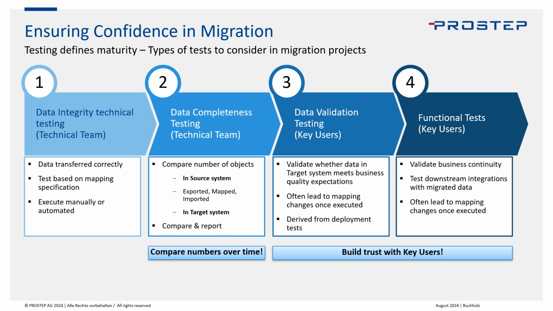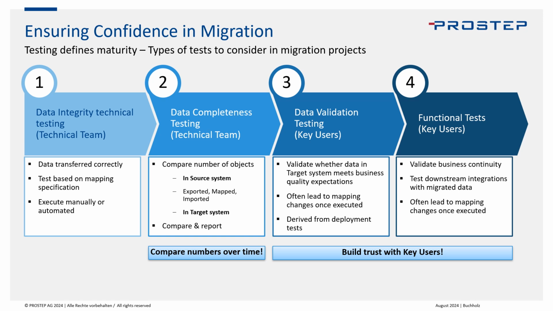The last thing that you want to do is functional testing. This is also performed by the key users, and this is to ensure that business continuity is given, which means when you have migrated the data, that you can continue working with the data and that you don't have a business disruption. So what you want to do is revise the data, send the data through downstream integrations and really test out whether all your new methods in the new system work.